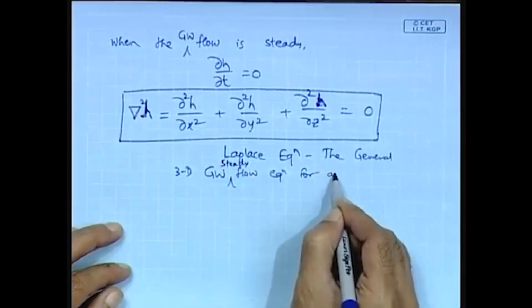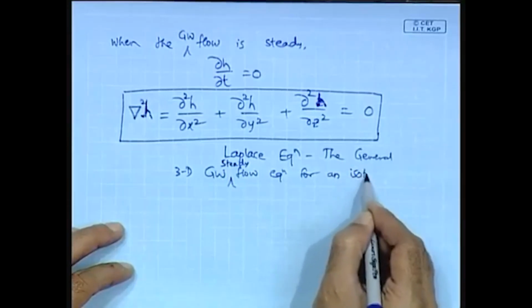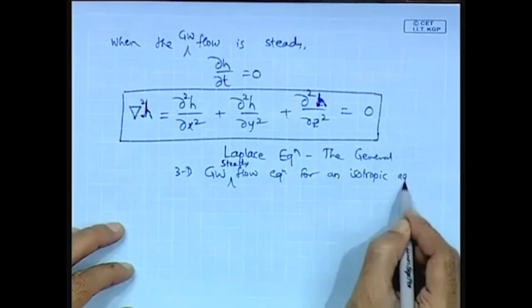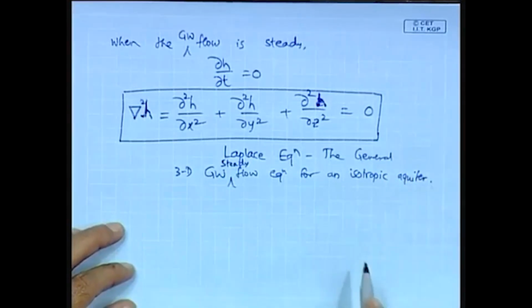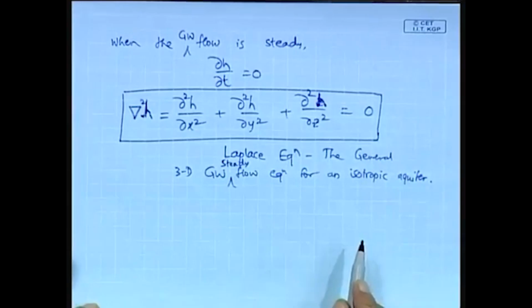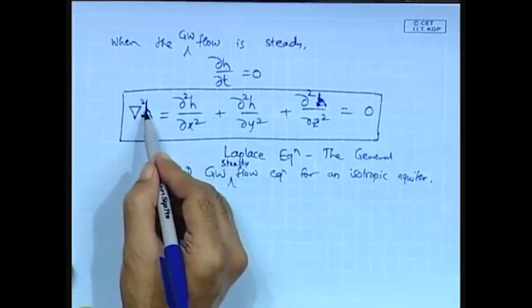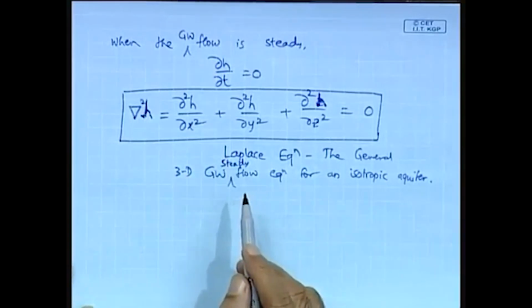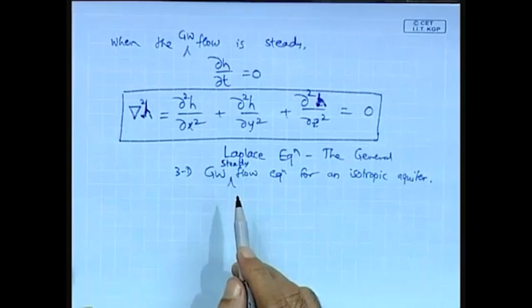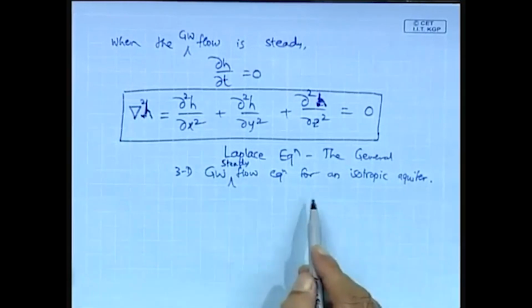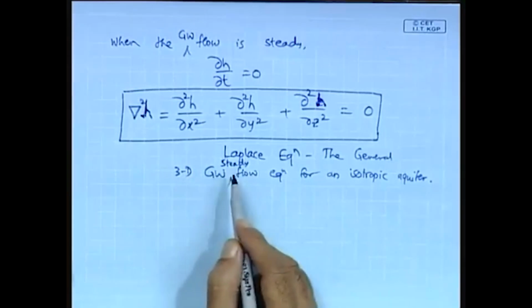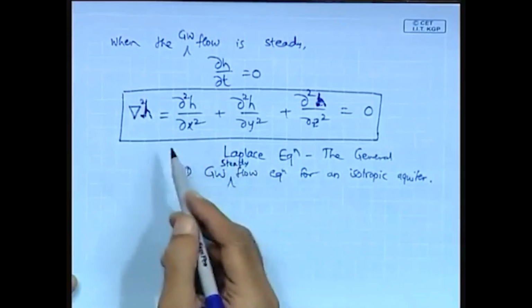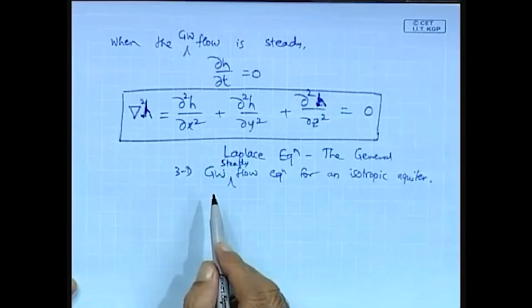Initially when the aquifer was anisotropic, in that case the terms will be different.